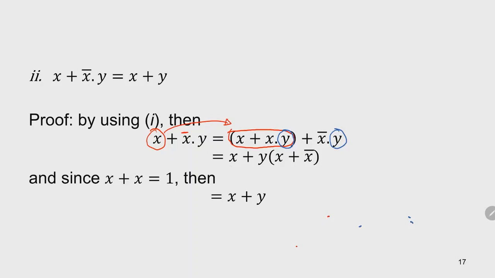And then we have x or with y, and with x or with the complement or the inverse of x. And then from an earlier law, x or with its complement will be equal to 1.